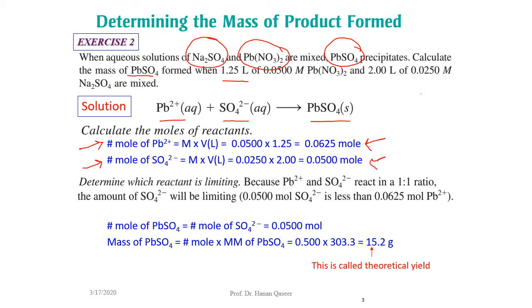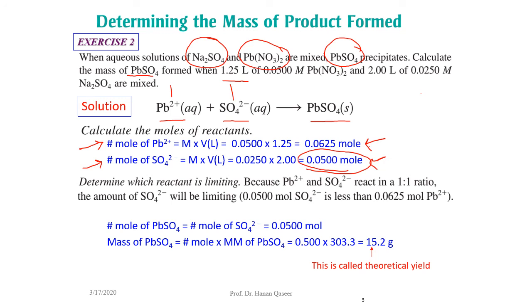By applying that 1-to-1 mole ratio, the limiting reactant is sulfate anion, because the number of moles of sulfate anion is less than the number of moles of lead cation, since the mole ratio is 1-to-1.